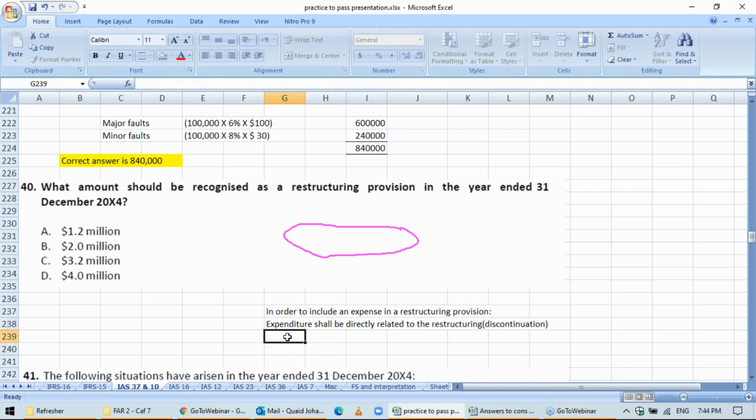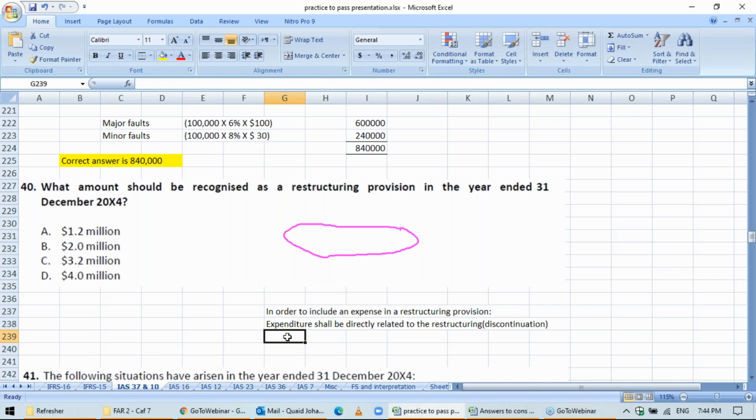If they are making some employees redundant, they are not making that employee continue his work. If they are leaving a branch and telling the landlord that we won't continue the tenancy agreement with you, they are leaving a premises. So usually it involves terminations and discontinuation.